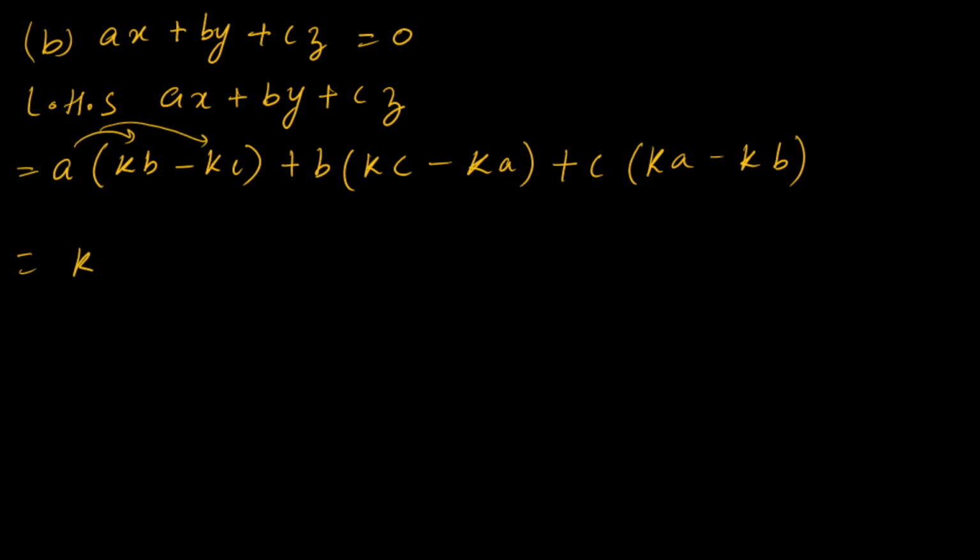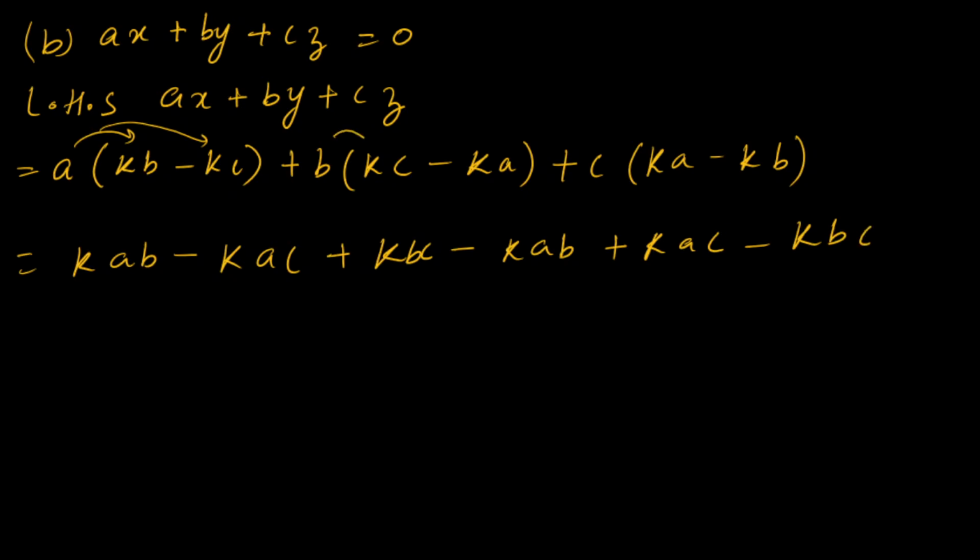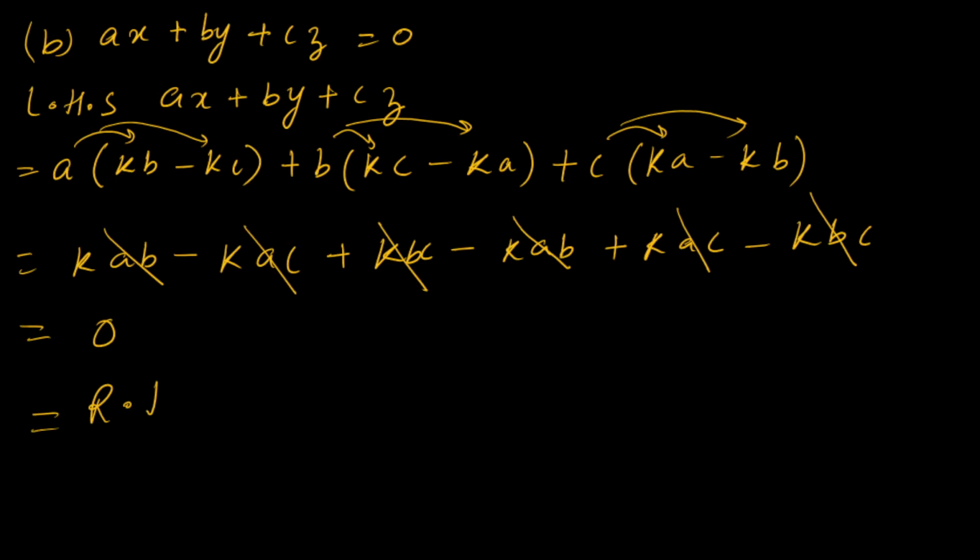It becomes kab minus kac, then kbc minus kab, plus kac minus kbc. So kab minus kab, minus kac plus kac, plus kbc minus kbc. Everything here also gets cancelled, so the answer is 0. That's what we had to prove.